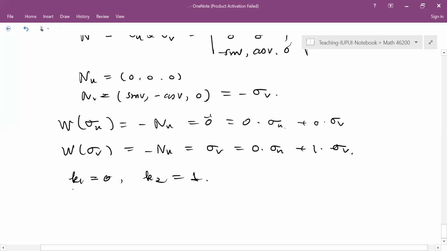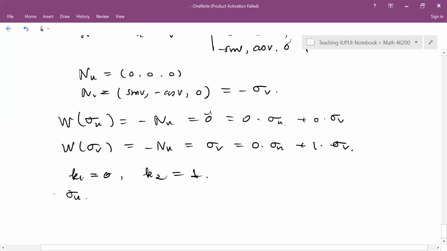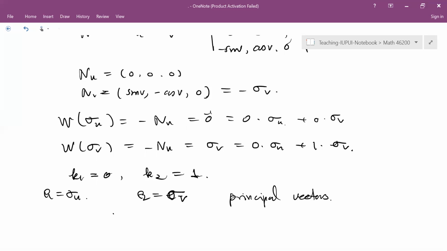And the corresponding principal vectors are sigma U and sigma V. So there is no need to find the M, L, N, and E, F, G. You can see that directly from this Weingarten map.